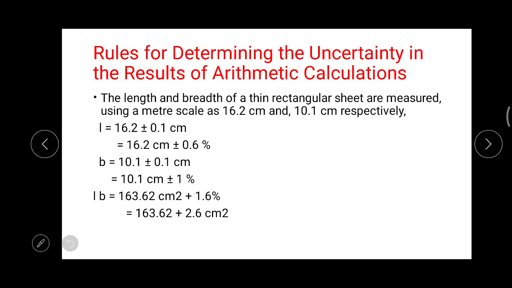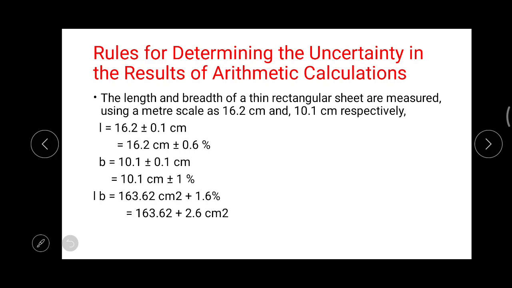And one more thing, if the absolute error value in the measurement is not given, you have to consider the least count of the measuring instrument. Suppose in the case of a screw gauge, it should be 0.001 centimeter. That will be the error.